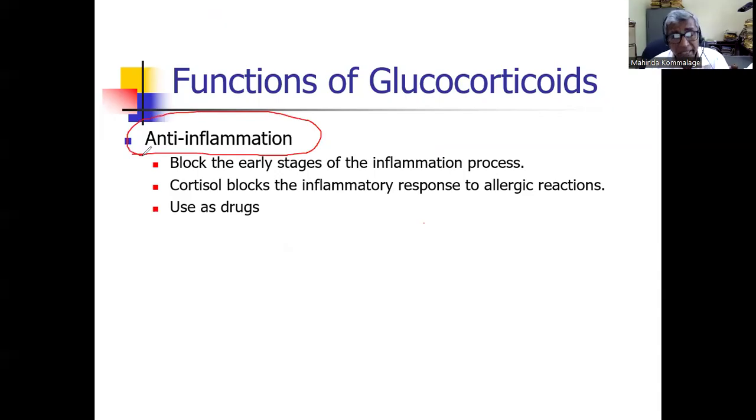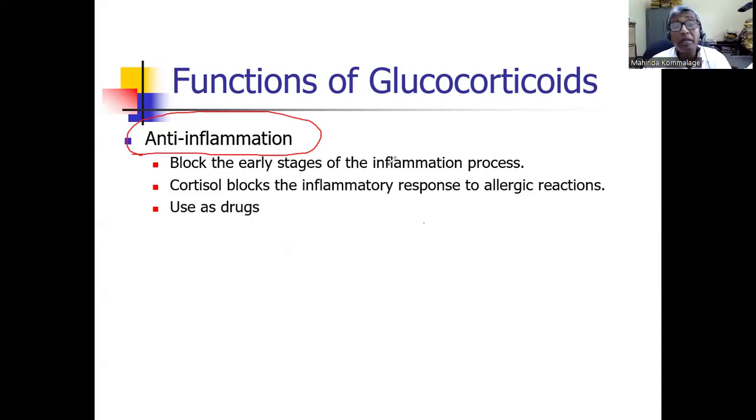When we get an injury, or bacteria invade our body, a series of reactions occurs, especially with tissue damage. There is a process of inflammation: redness, increased blood flow, immunological action. This inflammatory reaction is inhibited by cortisol.